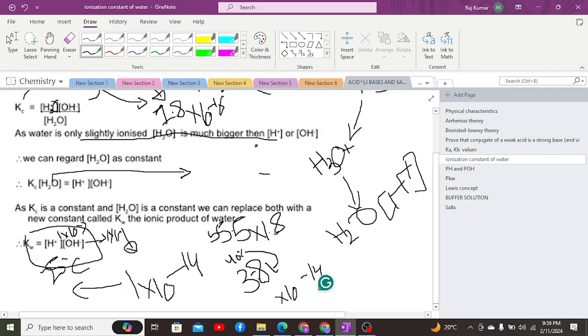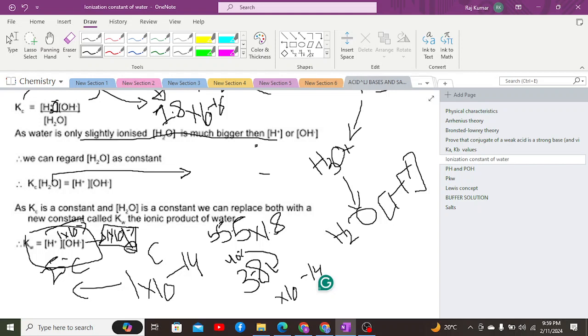If there is no external H or OH ion addition, or any other substance, then the values of H and OH ions are equal to each other, so at equilibrium they will be 1 into 10 to the power minus 7 mole per decimeter cube each.